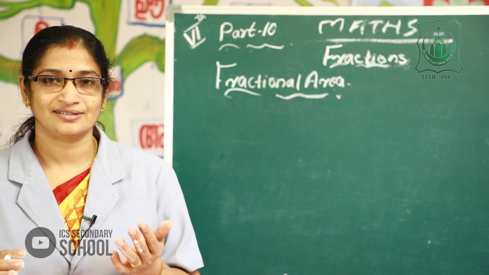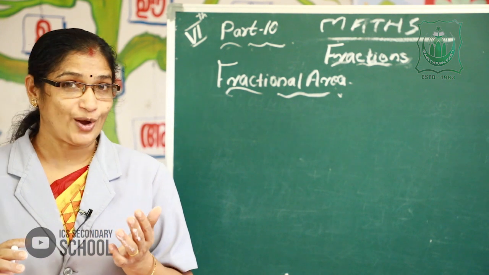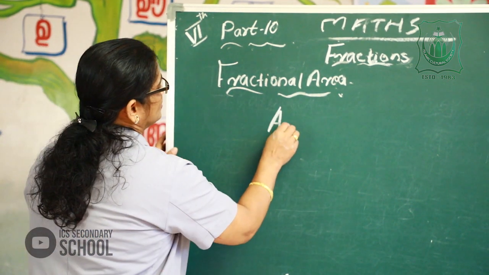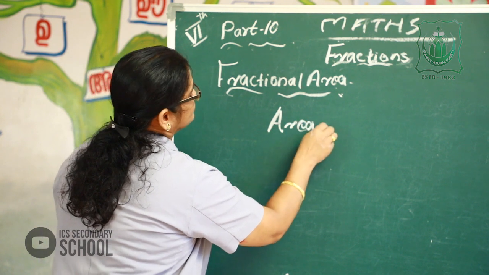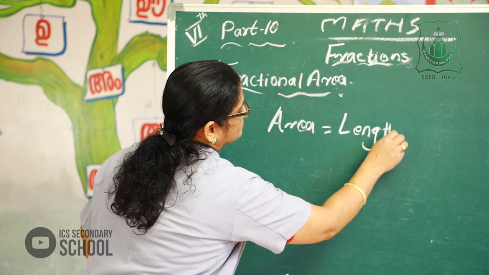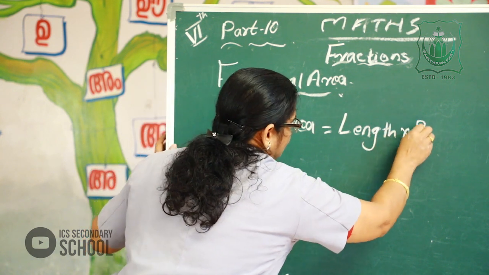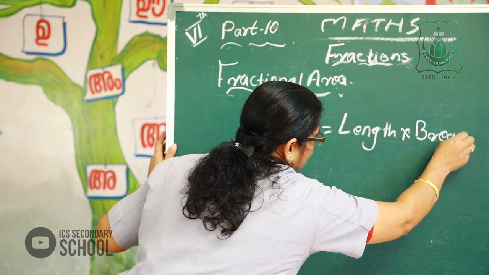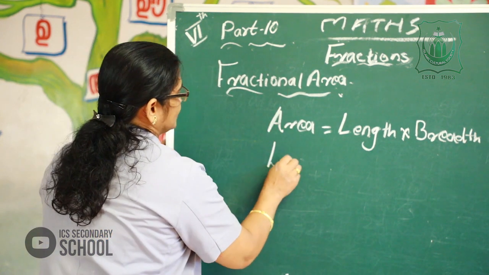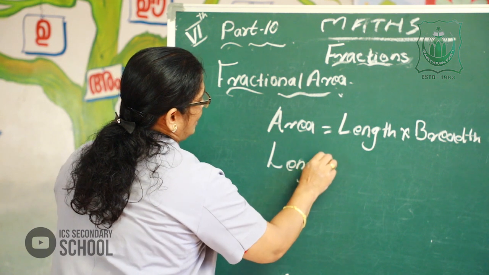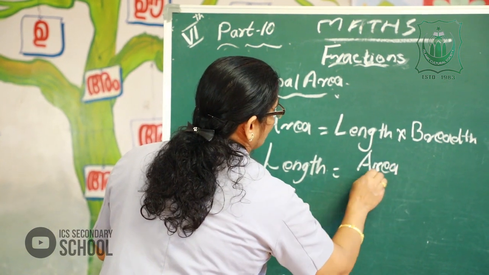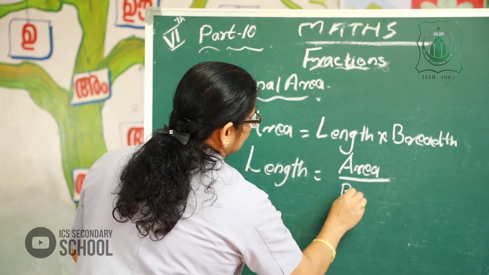Length into breadth. Area is length into breadth. Length is area divided by breadth.